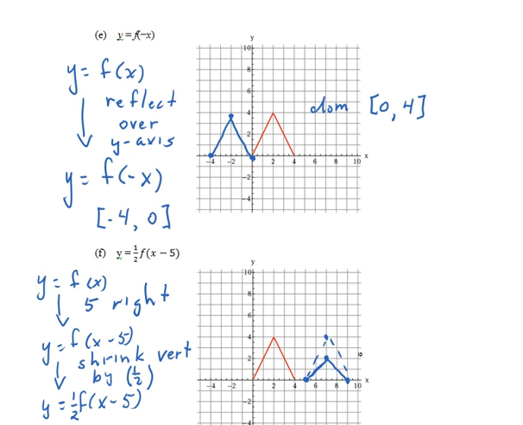The final graph, the blue one, has domain from 5 to 9 and range from 0 to 2. Remember, you always have the larger number at the right.